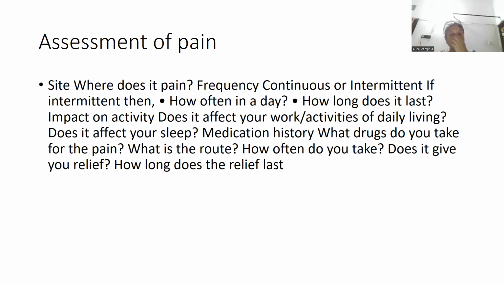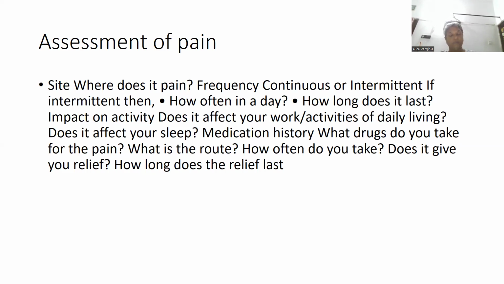So these are the quality of the pain. And this is very important, because from there we will come to know whether this is nociceptive pain or it is neuropathy pain, because different medications we have to give according to the quality of the pain.